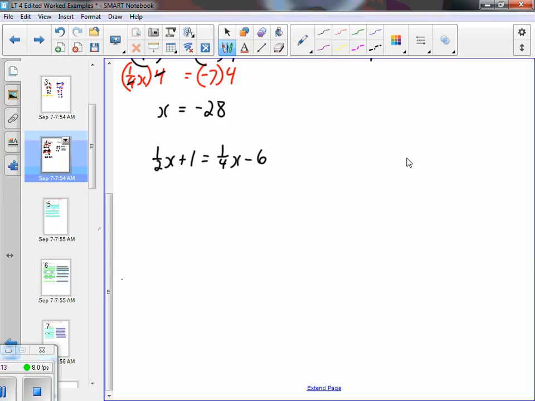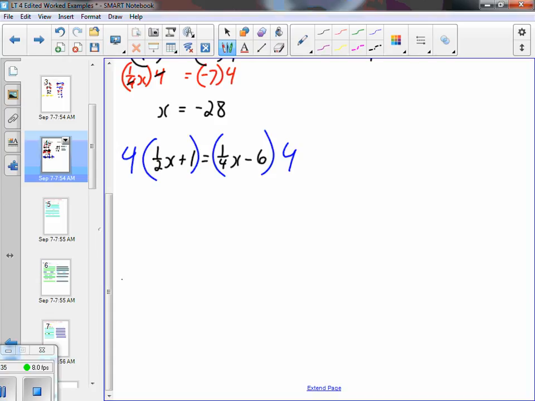I can right off the bat multiply both sides by the least common denominator of the denominators. In other words, the smallest number that both denominators divide into. And the smallest number both denominators divide into is 4. Watch what happens when I multiply both sides by 4.